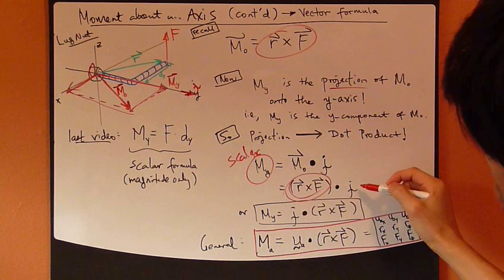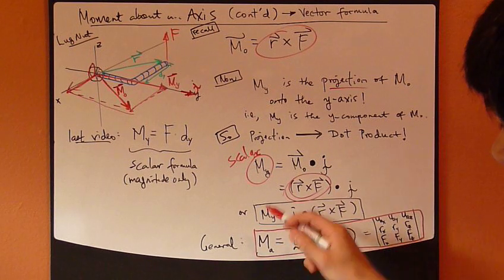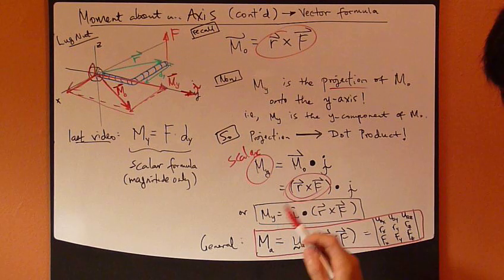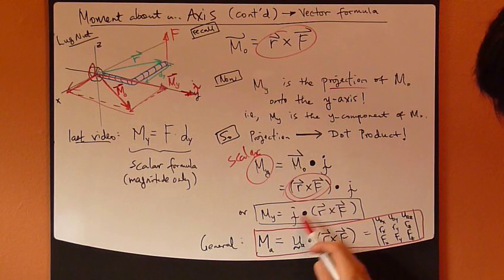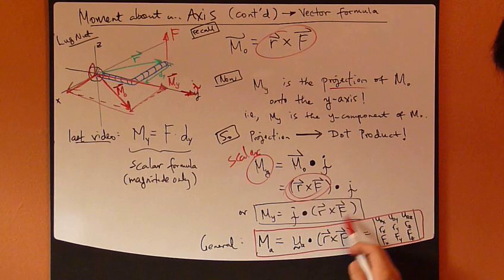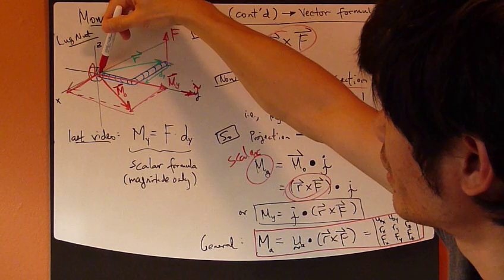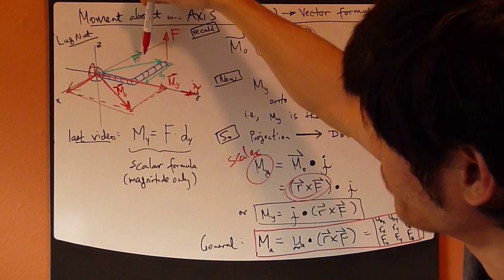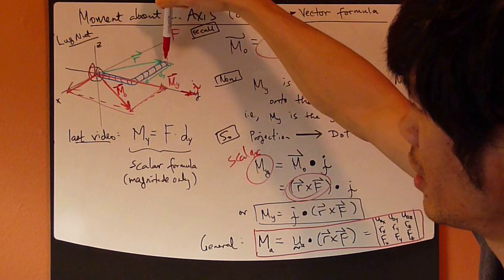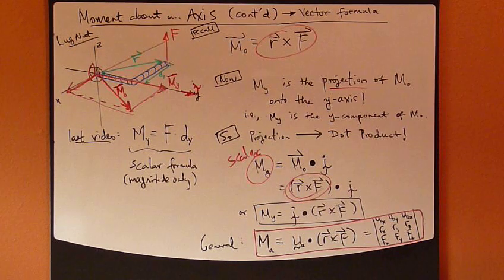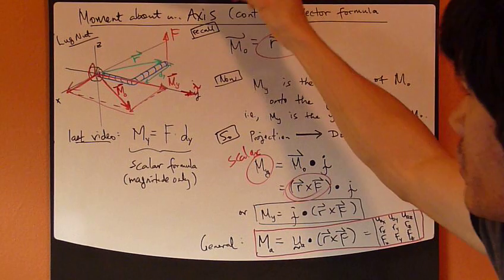So move the j in front, and we can rewrite it this way: My equals the j unit vector dotted with r cross F. Again, r is measured from the lug nut, the origin, to the point where the force is applied, and F is just your force vector.